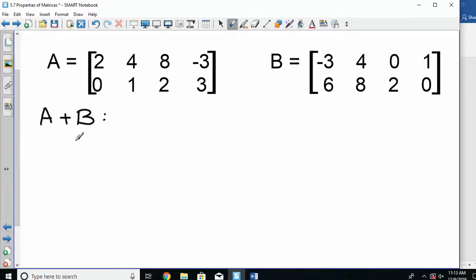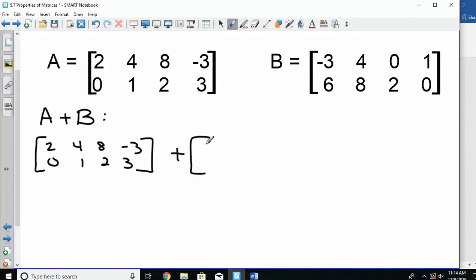So if I want to do A plus B, all I'm asking you to do, I'm going to show my work just because this is the first example we've done. You don't necessarily have to write this out. I am asking you to add matrix A to matrix B. So without ever having an example of this, what do you think you would do?